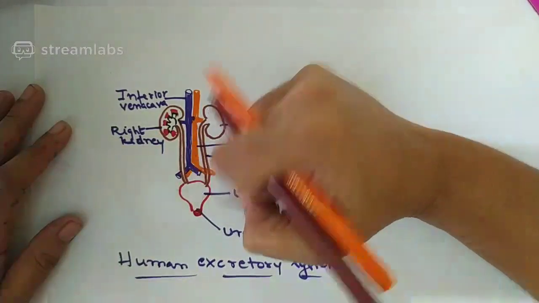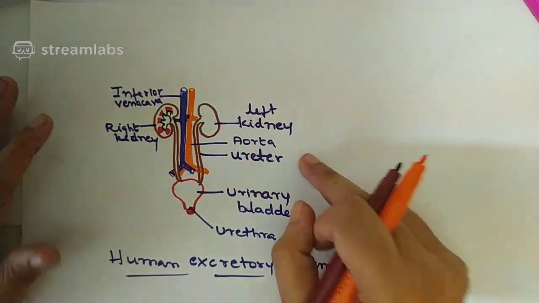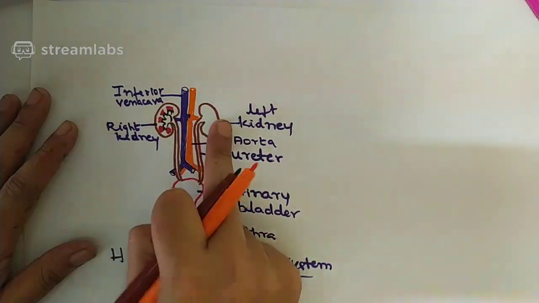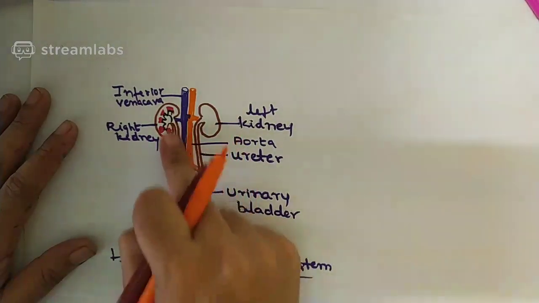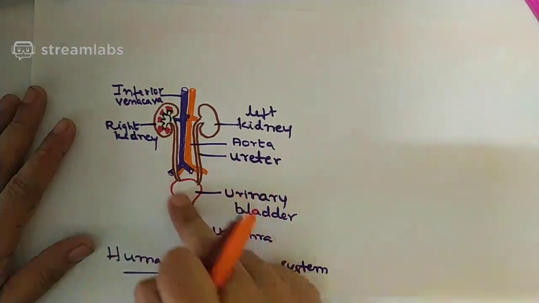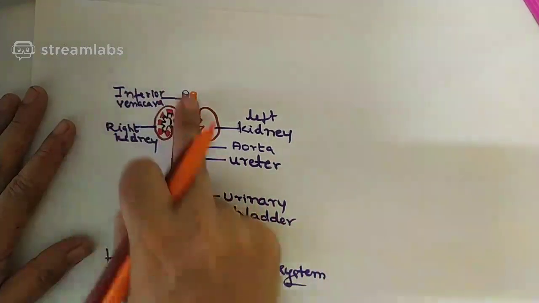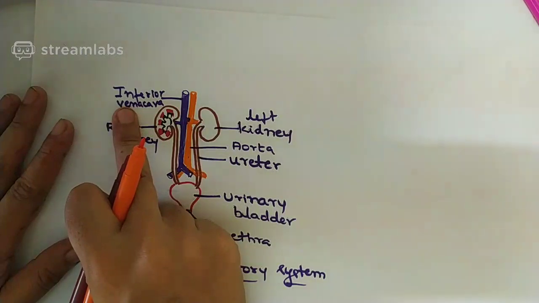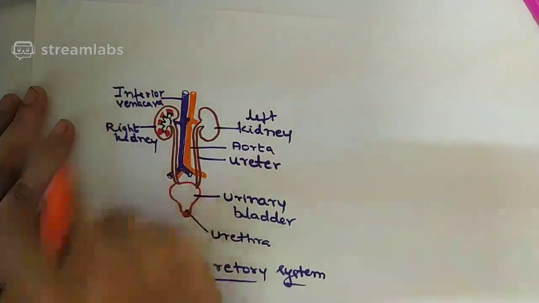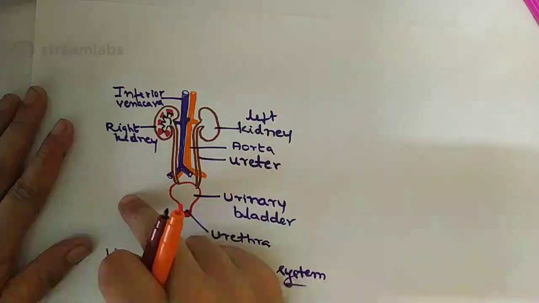The aorta brings oxygenated blood. This is a pair of kidneys. This is the ureter. This is the urinary bladder. This is the urethra. The inferior vena cava carries deoxygenated blood to the heart.